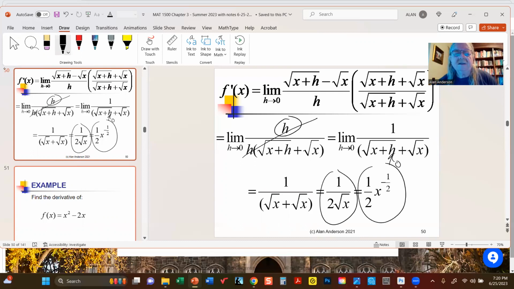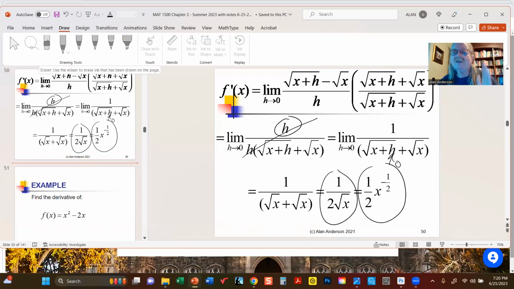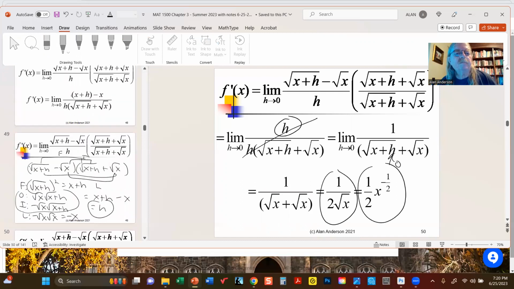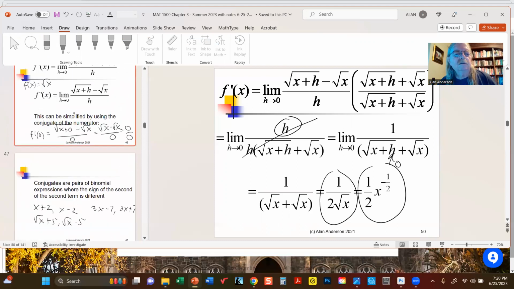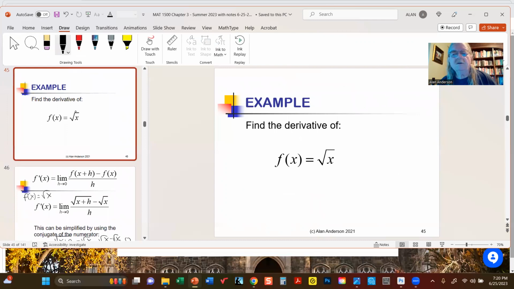Now, what's great about this is that you now have a formula. You can calculate the actual tangent line slope at any point on this function. The original, oh yeah, it's just radical x, which looks like this.